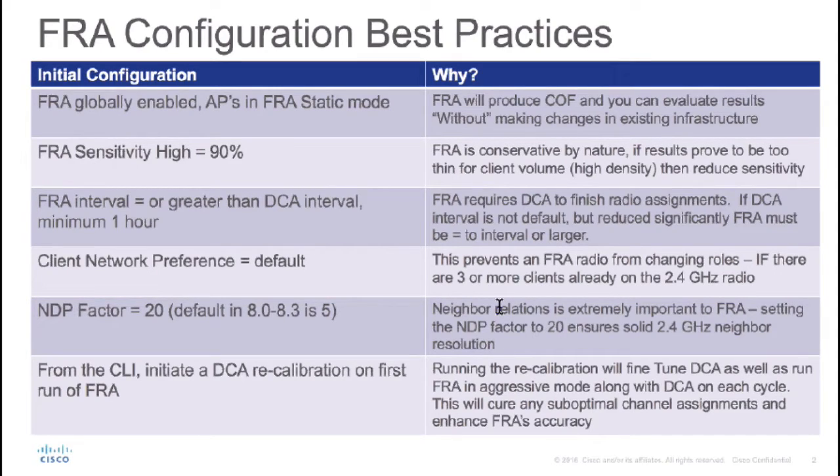In that case, the AP is going to be flipped over to a monitor mode, and then it will be evaluated at each FRA run for how long it's been in monitor mode and whether or not there is now room to move it back to 5 gigahertz. So if your FRA interval is set to 8 hours, it's going to be 8 hours before we evaluate that. Make sense? So the recommendation is about an hour or so.